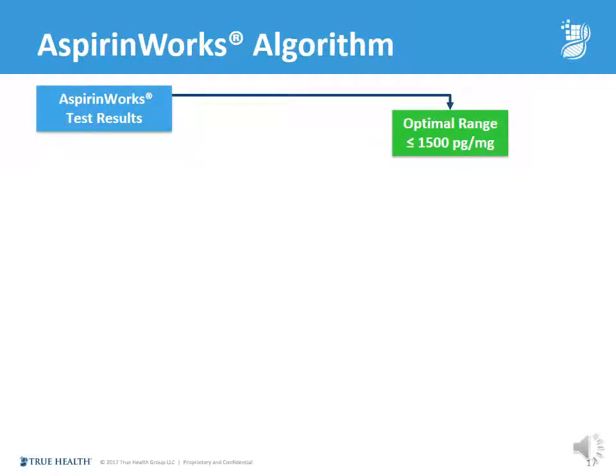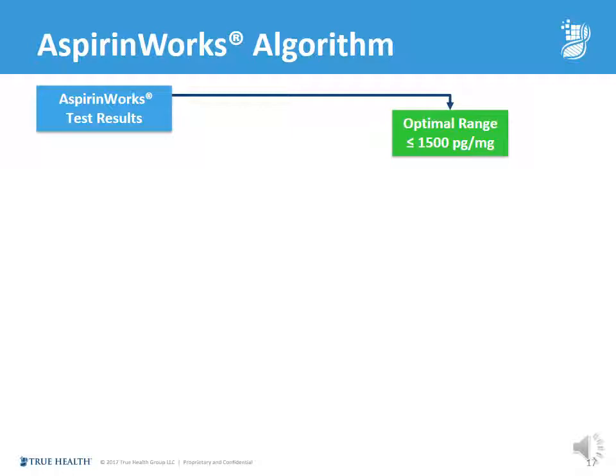Here's a simple algorithm. If a patient has the AspirinWorks test, meaning measurement of 11-dehydrothromboxane B2 in the urine, it might come out in the optimal range. Now, if that person is not on aspirin, I'm not so sure what administration of aspirin would do, because the COX-1 pathway or the COX-2 pathway does not seem to be at play.